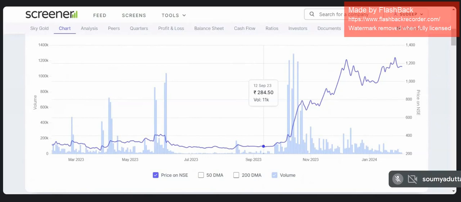You have to put orders between 9:30 and 10, your orders get matched between 10:10 and 10:30, and they get executed after that. At that time liquidity is very low and usually the stock crashes, so it is a great opportunity to buy good stocks.